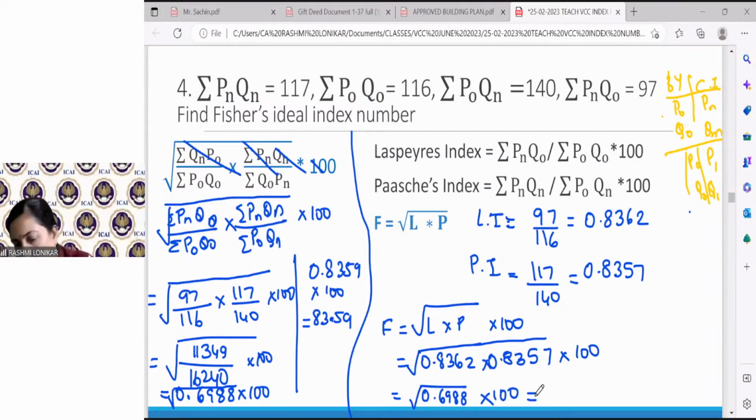So the square root of 0.6988 is 83.59. Yes, Shreya, if you take up to 2 decimal places only, you will find the answer is the same. You just have to take a few more decimals and you will get the answer. Excellent. Kevin, Pragati, Pramod, Devendra, Aditya.